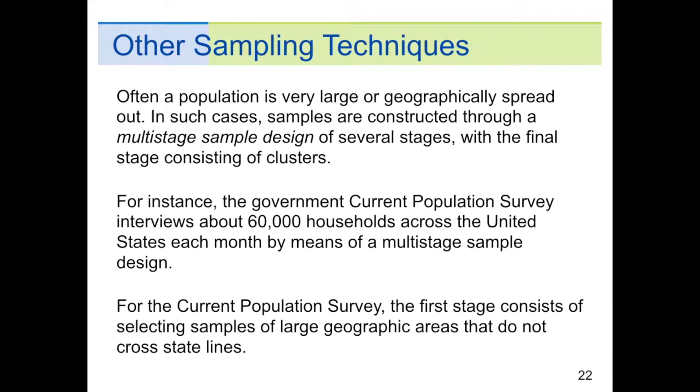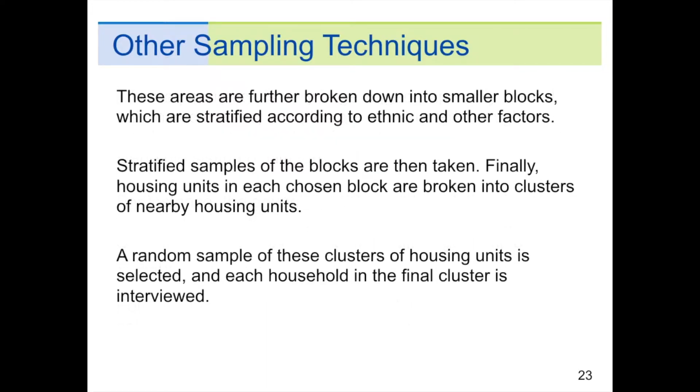For instance, the government's current population survey interviews about 60,000 households across the United States each month by means of a multi-stage sample design. For the survey, the first stage consists of selecting samples of large geographic areas that do not cross state lines. These areas are further broken down into smaller blocks, which are stratified according to ethnic and other factors.